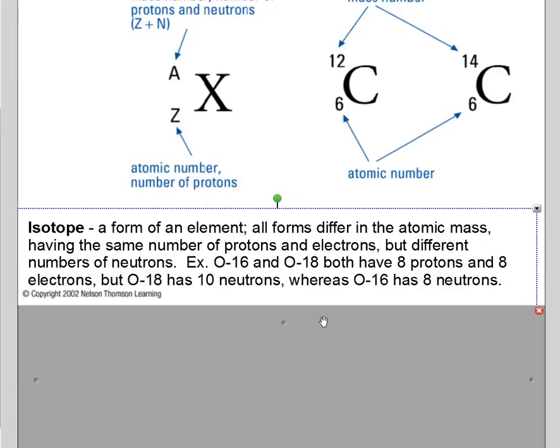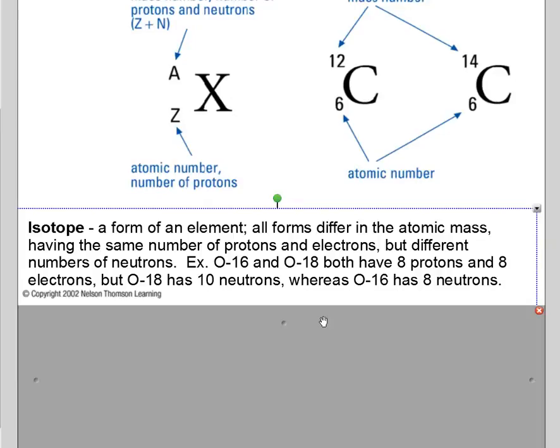For example, oxygen 16 and oxygen 18 would have masses of 16 heavy particles and 18 heavy particles respectively. The O-16 isotope would have 8 protons, 8 electrons, and 8 neutrons, totaling 16 heavy particles.